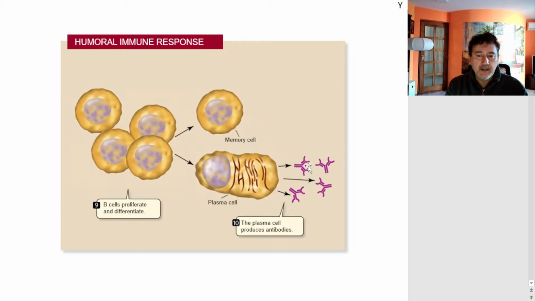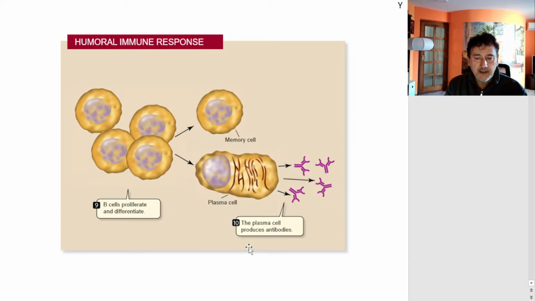So here you can see what happens after encountering a certain pathogen. The first step is the clonal selection, in other words, the proliferation of the B cells. The second step is the differentiation of these B cells, because the B cells are not fully differentiated. The vast majority of the B cells will differentiate into plasma cells.